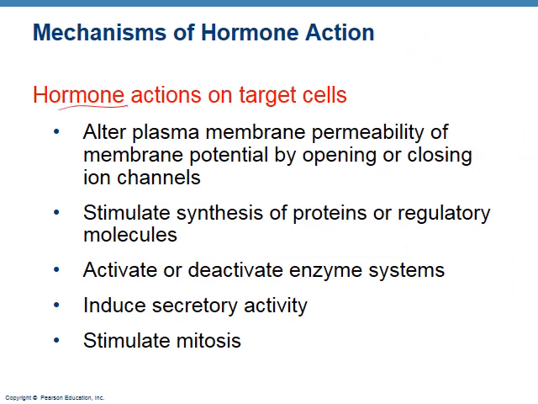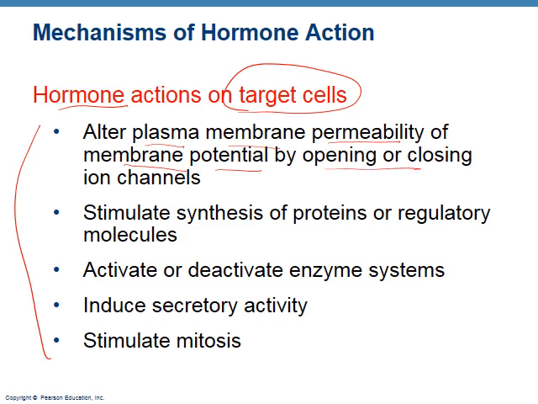What can hormones do once they bind to the target cell? Well, you can see there's a whole bunch of activities here. Now, sometimes they make things wordier than it needs to be, right? Alter plasma membrane permeability of membrane potential by opening or closing an ion channel. We've already seen this. You remember we had our muscle cell, and our muscle cell had that acetylcholine receptor, and the gate was closed.